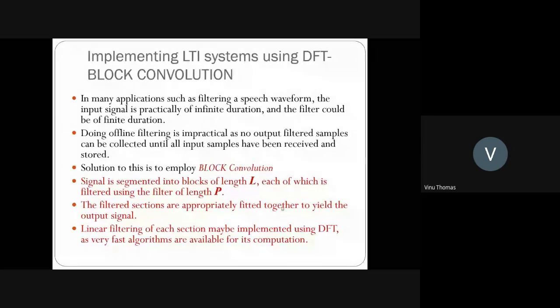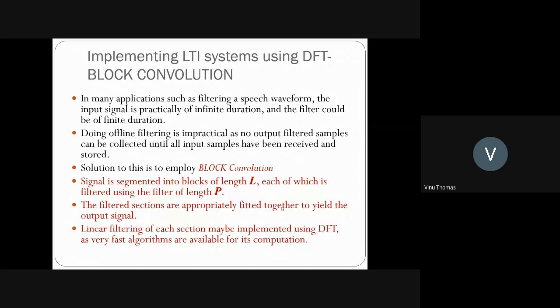So what you need is linear convolution. You do not need circular convolution. You use circular convolution as a tool to implement linear convolution because that is how you can represent a linear time invariant system.